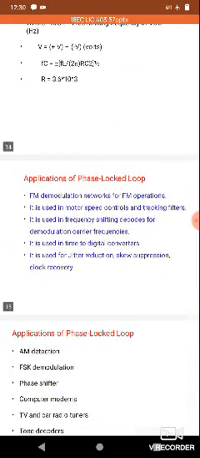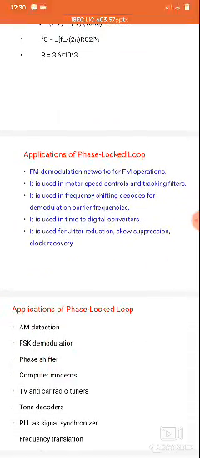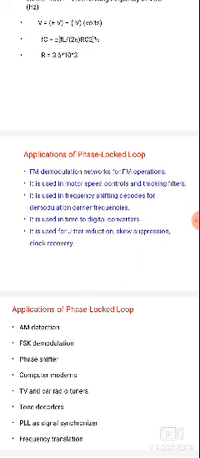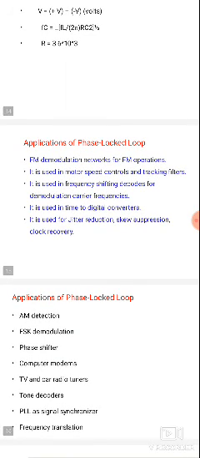Next, applications of the phase lock loop. Where can we use the phase lock loop? The phase lock loop is used in demodulation networks for FM operations, frequency modulation and frequency demodulation, and in motor speed control and tracking filters, the motor speed control system.